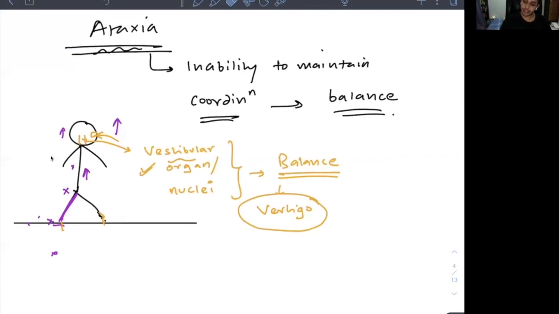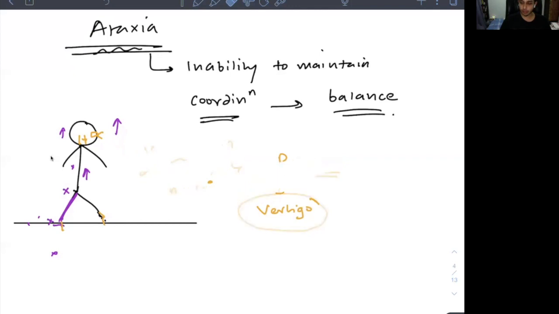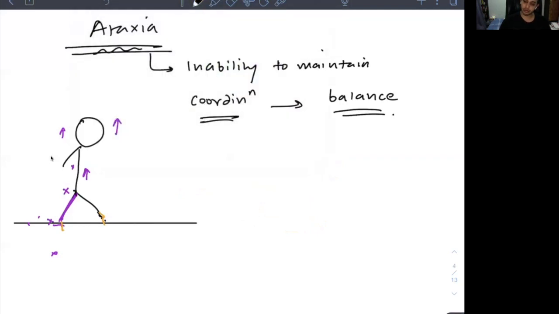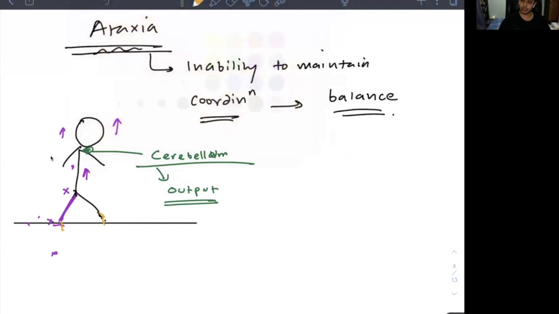And finally, suppose your vestibular system is normal, finally, there may be something wrong with your cerebellum. The cerebellum is basically in charge of your output, your motor system. So your sensory system is normal. You are getting good information from the periphery. Your vestibule is also normal.